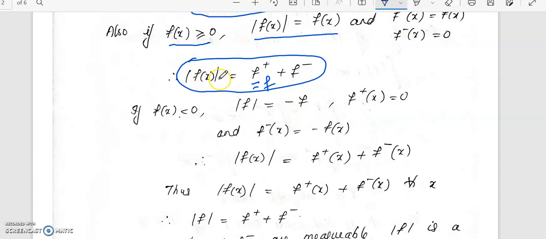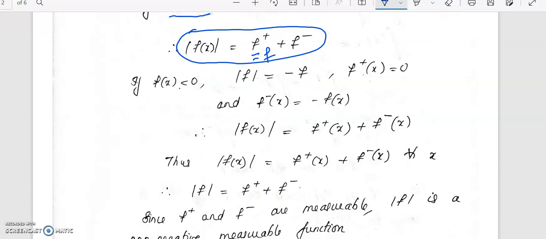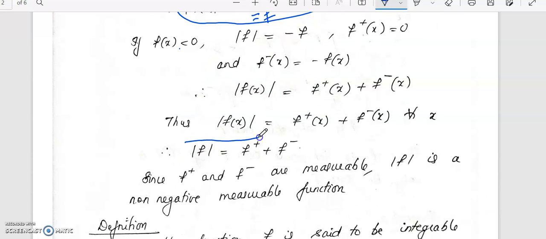So if you write mod f to be f plus f minus, that will give you mod f equal to f when f is greater than or equal to 0 and minus f when f is less than 0. So mod f can be written as f plus f minus.